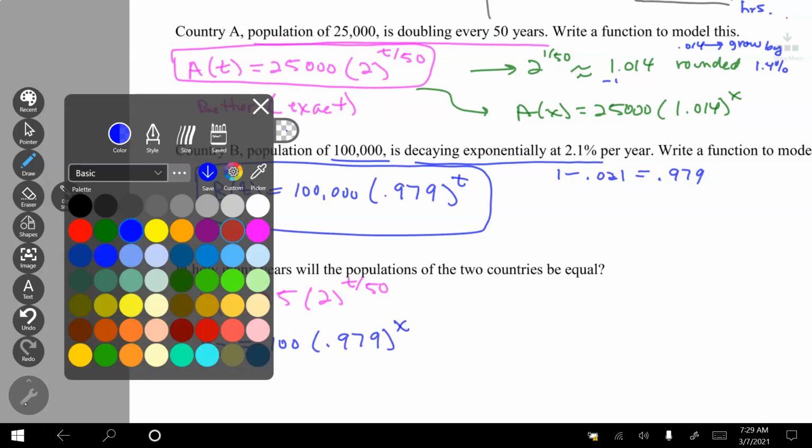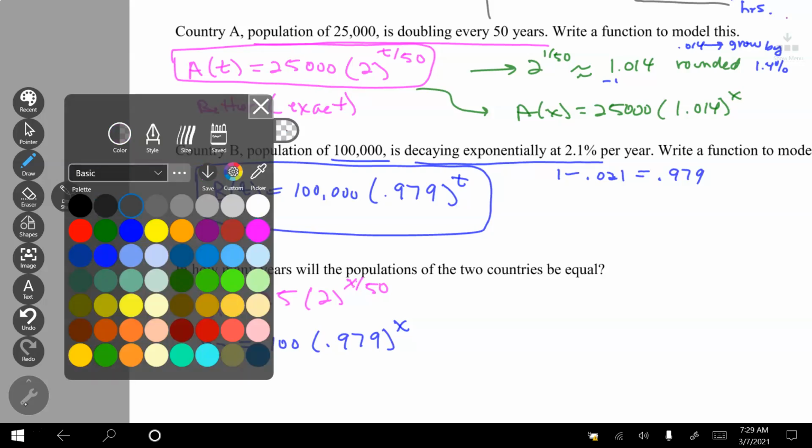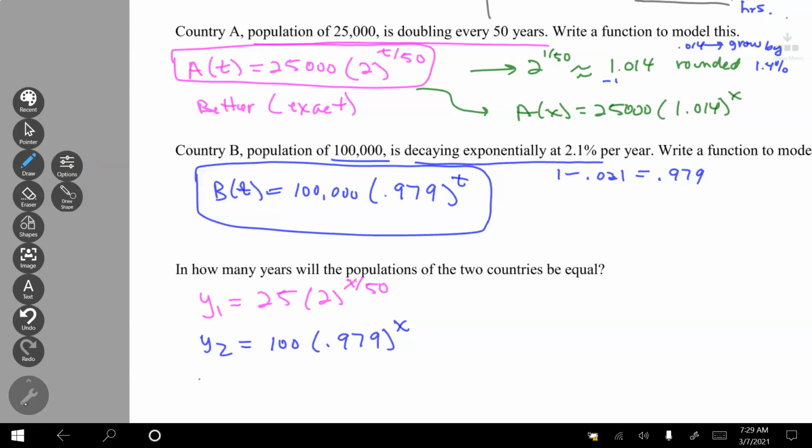I should make them both x, because that's what I can type in my calculator, x. Notice I can get rid of the thousands in both. As long as it's, if I did 25,000, 100,000, or 25 and 100, you're going to get the same thing.